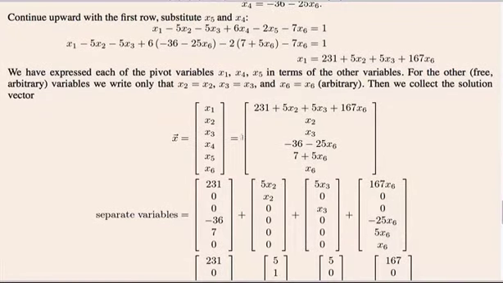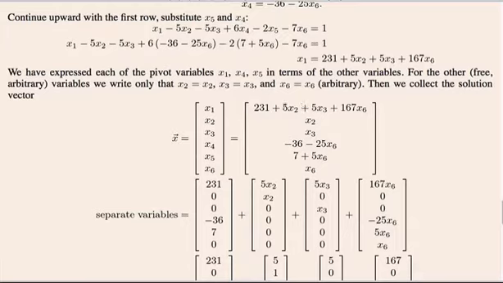Then we separate the constants and the variables. So from constants we have 231 in the first component, 0 in the second, 0 in the third component, minus 36 in the fourth component, 7 in the fifth, and 0 in the sixth component.